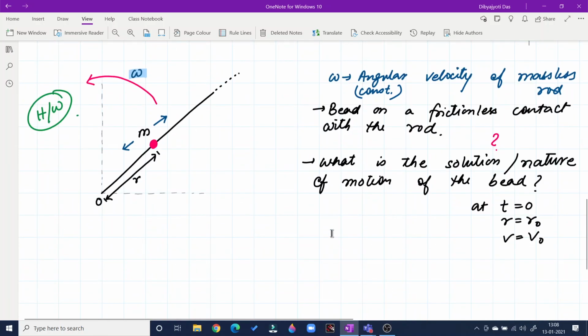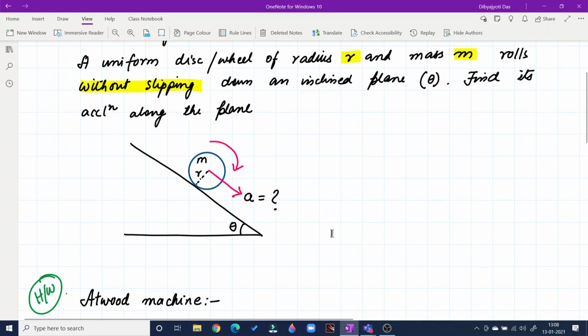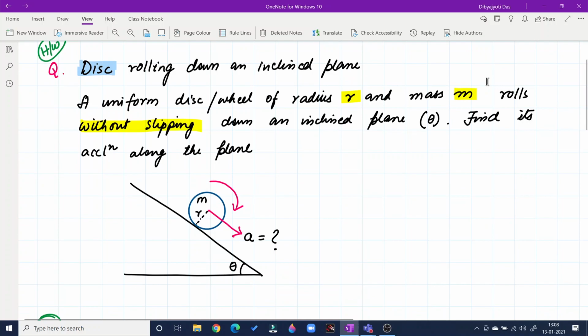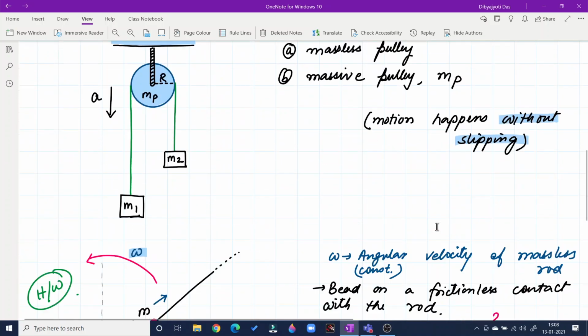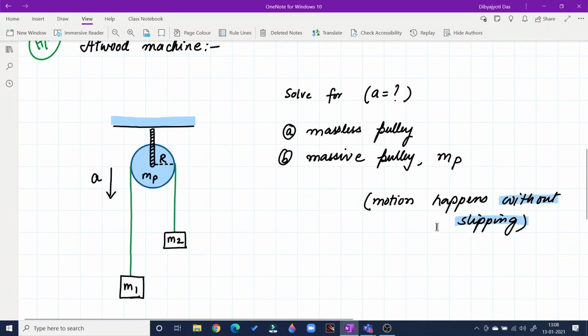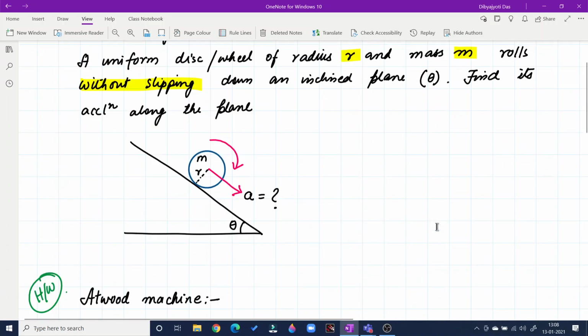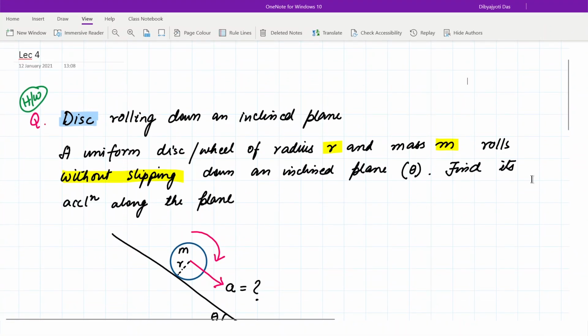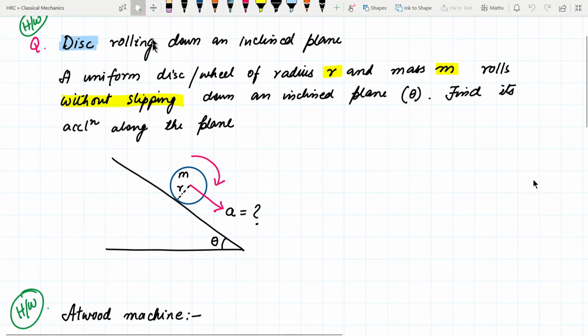I gave you 3 easy questions. One was the disk rolling down an inclined plane, another was the pulley system, and the last one was a rod rotating with a constant angular velocity. Have you tried solving them, and did you achieve any success?